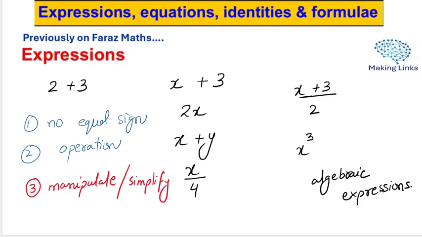It is just an expression like 2 plus 3. You don't know the number x here, but you know that you are adding 3 to it. You don't know the number x, but you know that you are multiplying 2 with it. In the third example, you don't know what number x and number y are, but you know the operation here, that these two numbers are added together. And here some number divided by 4, some number add 3 divided by 2, and here some number multiplied by itself 3 times. Cube means that you have to multiply the same number 3 times, like 2 cube means 2 times 2 times 2.